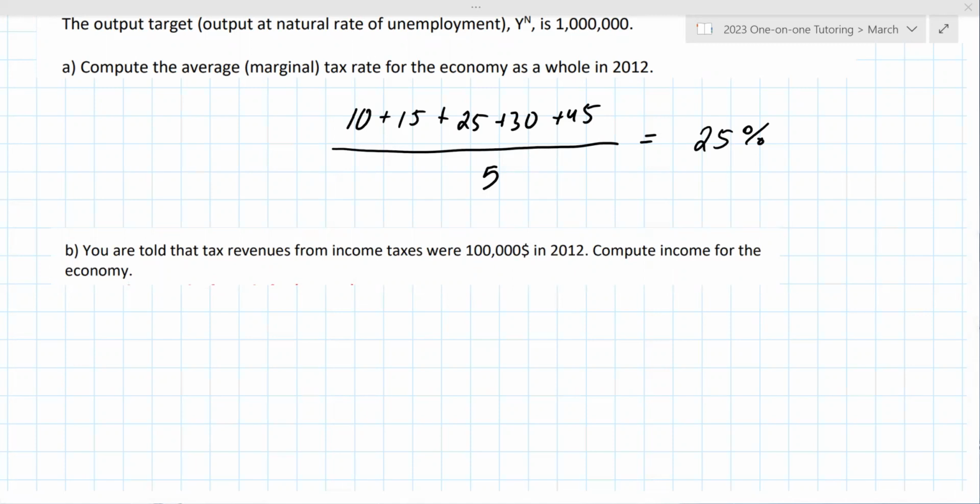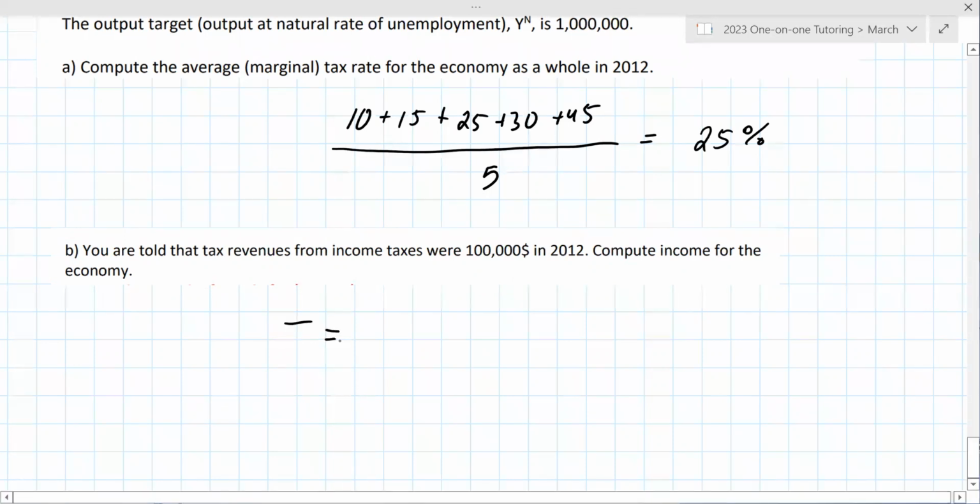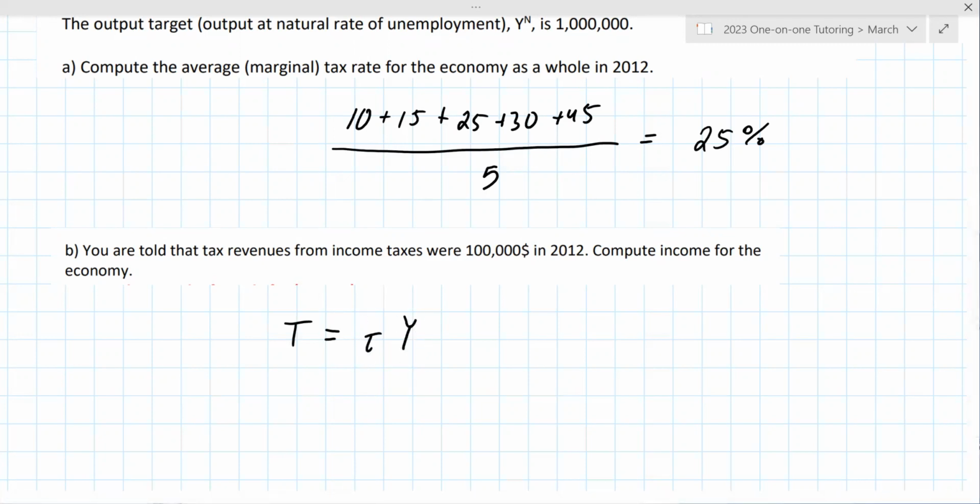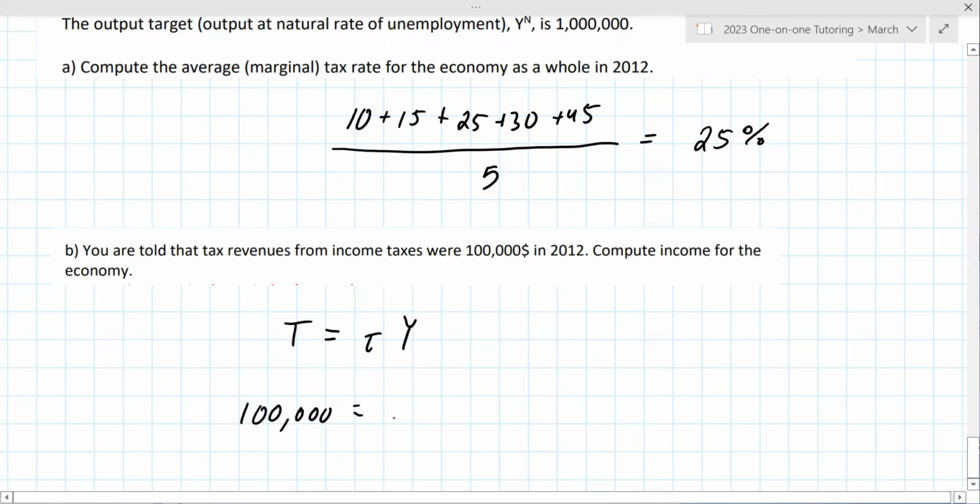All right, you are told that tax revenues from income taxes were $100,000. So this is the same equation. And one of the things I like about the notes from the previous problem is I think they start out with the governing equation here. They're telling you the taxes, you have the tax rate, you can calculate the income for the economy. So you have 100,000 equals 0.25 y. When you solve for y, you get 400,000.